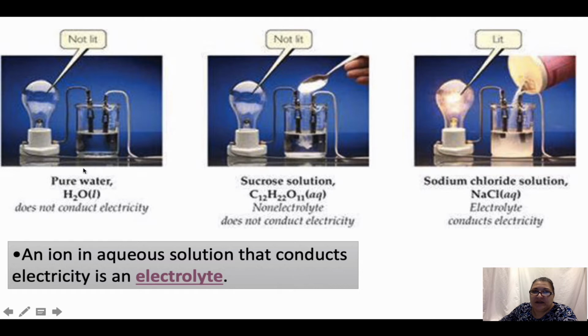Water does not conduct because it's neutral, and sugar also does not conduct because it's a non-electrolyte. But salt is an electrolyte and it conducts electricity. It has electrons floating. An electrolyte is an ionic compound whose aqueous solution conducts an electric current. We've done this before for metals, where when electrons are just floating, it completes the circuit.